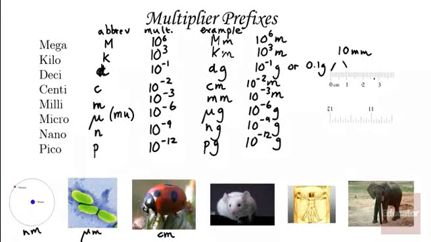A mouse is quite a lot larger, perhaps a decimeter. A man, shown in this marvelous picture from Leonardo da Vinci, a man is of the order of a couple of meters in size, as is a woman, much the same. So we're here in the meter size.